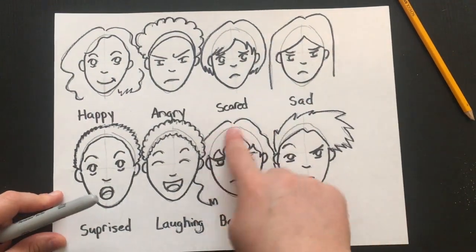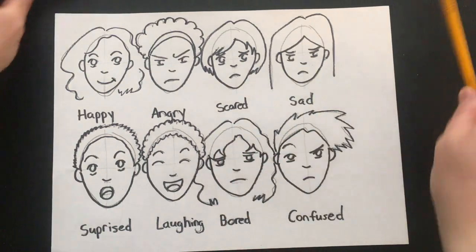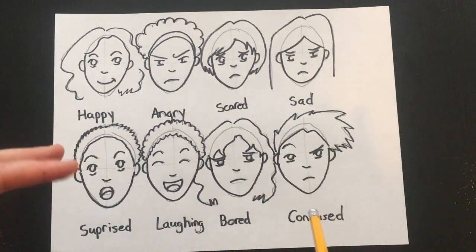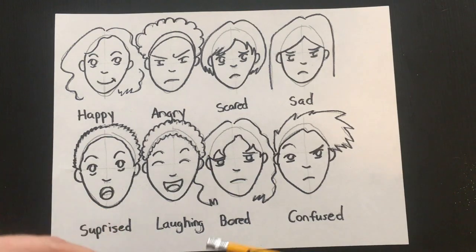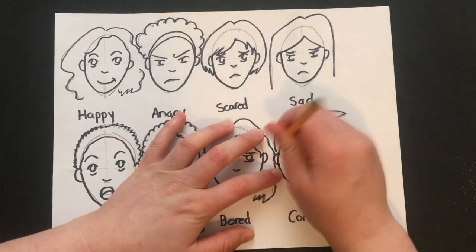Don't forget to erase all those extra pencil marks that you started. Artists always use those just to help them when they're drawing, but they don't stay at the end.